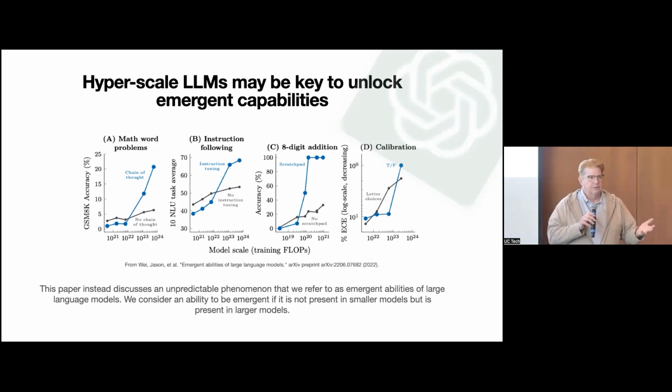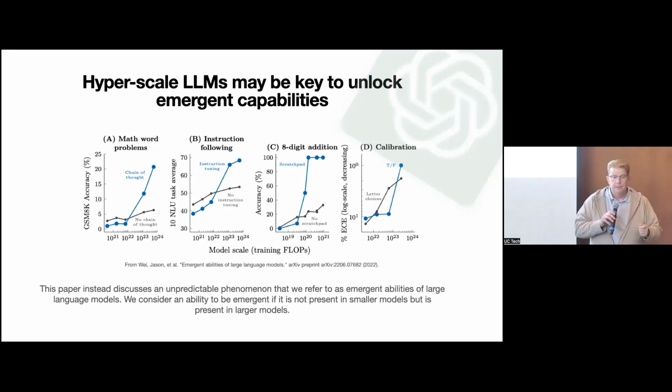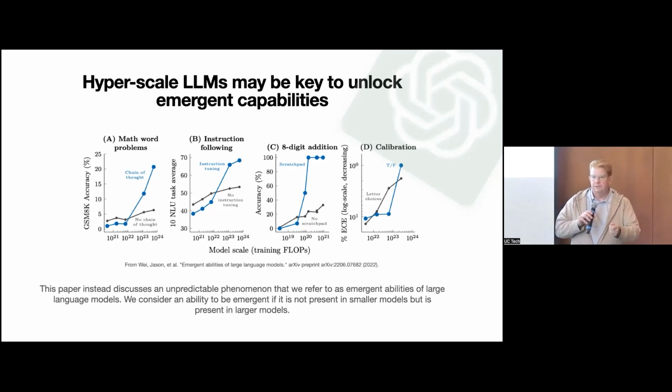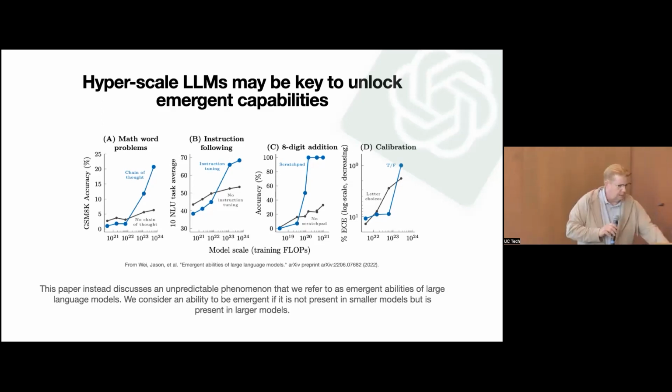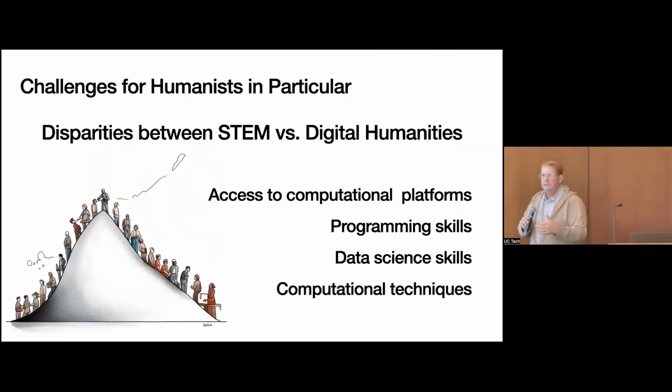All of a sudden, the language model itself understood the language and was able to respond not only in this language, I believe it was Khmer, but also in this script, which is not something it had supposedly been trained against. So it may be that these large language models are a key to unlocking new knowledge for humanists.